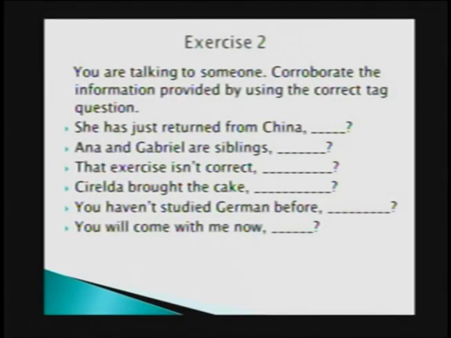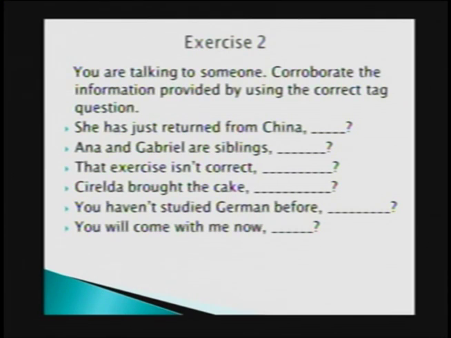You're talking to someone, and you want to corroborate the information provided by using the correct tag question. So she has returned from China. Remember that in the tag question, you write, first of all, the auxiliary verb used at the beginning with the opposite polarity, and then the personal pronoun.